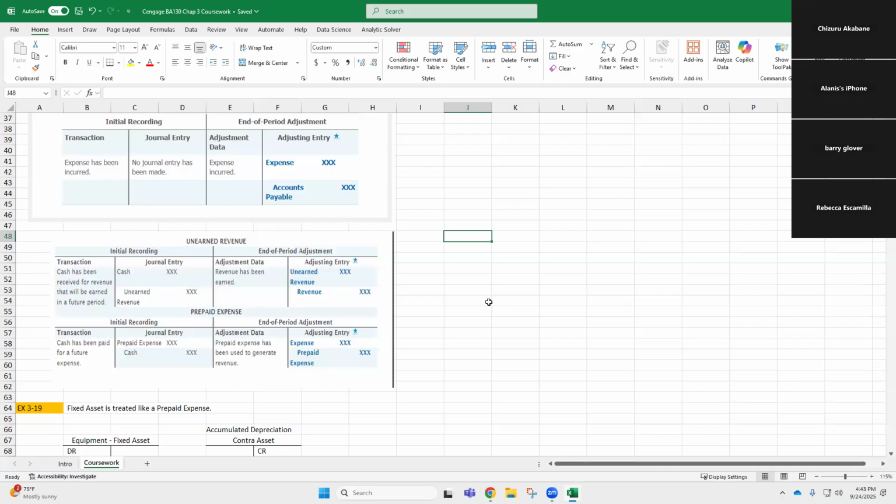So the adjusting entry that will happen is we're going to have an account called depreciation expense, and blue is about to go. So depreciation expense. This is a new account. Depreciation expense will have a debit normal balance, right?